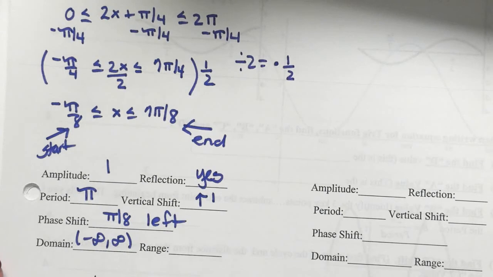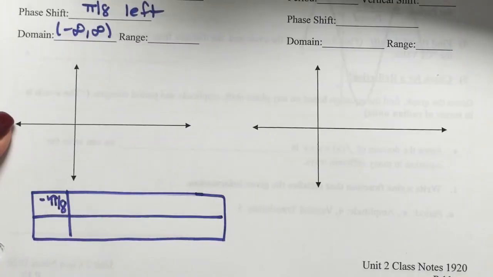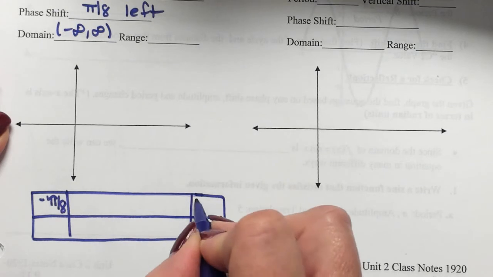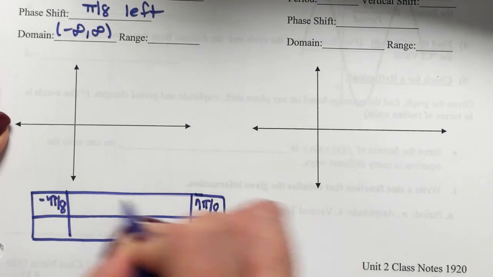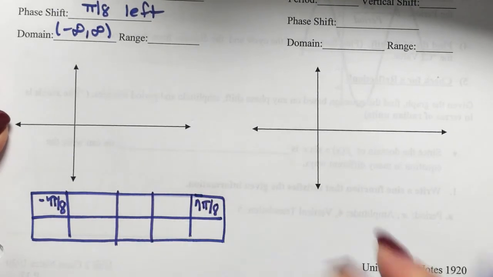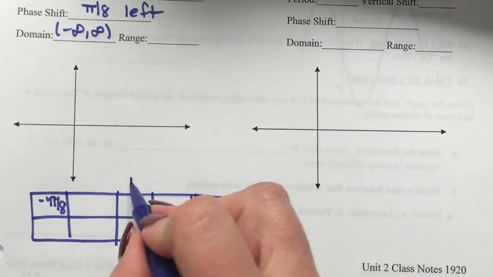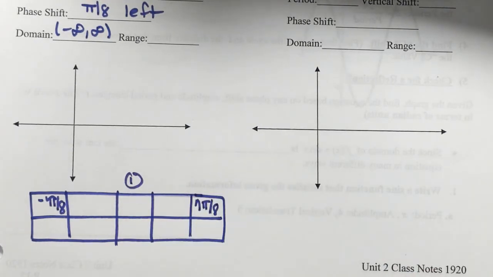So now I can figure out my divisions along the x-axis. I'm going to start at negative pi over 8, and I'm going to end at 7 pi over 8. So now the question is, what's the midpoint between negative pi over 8 and 7 pi over 8?